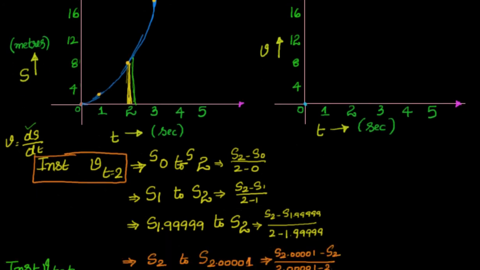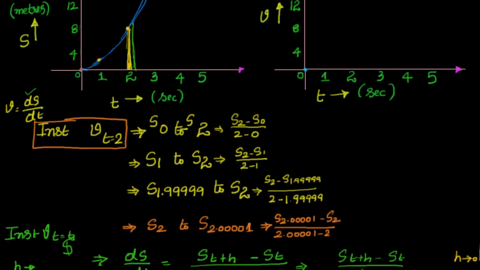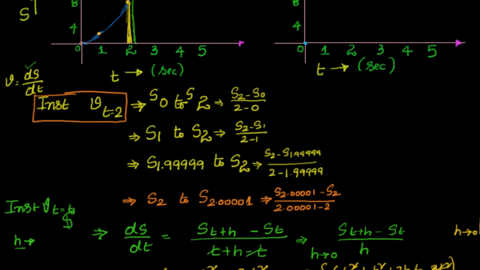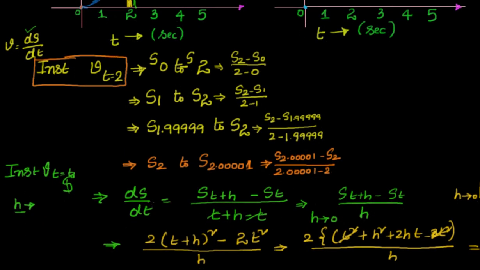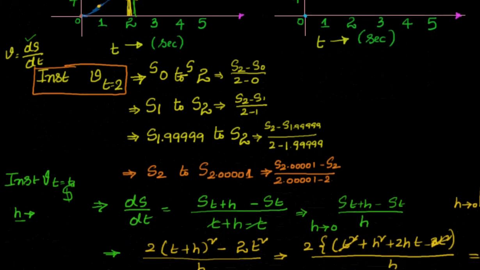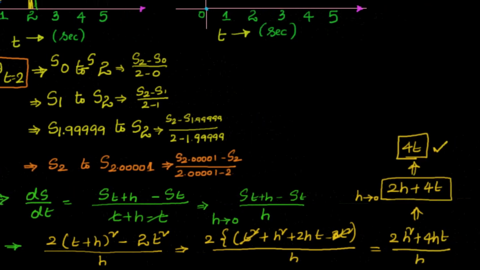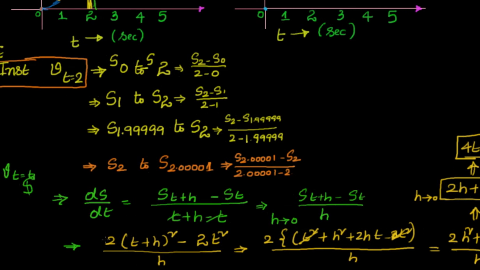So by the definition of differentiation, instantaneous velocity v equals ds by dt. We have substituted s of t plus h, where the gap between t and this small thing is h, and we have found the instantaneous velocity at any particular point of time. That's nothing but s of t plus h minus s of t, divided by h.